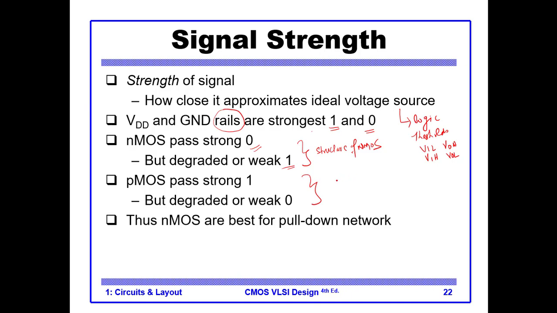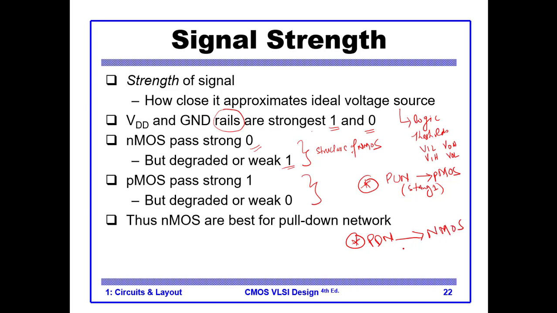And that is the reason, if you remember, that the pull-up network uses PMOS. Why? The reason is it passes a strong 1. And the pull-down network uses NMOS.